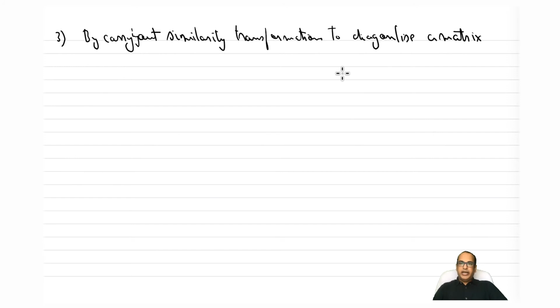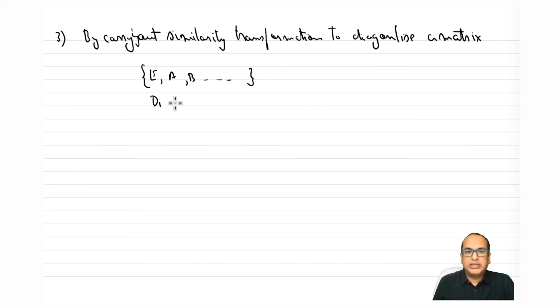So sometimes when we take a higher order basis set, we get the matrices which are not in block factored or diagonalized form, right? So in that case, we need to carry out a similarity transformation, which is equivalent of changing the basis set, as we have learned, right? So for example, if we have E, A, B, and certain set of elements, and the corresponding matrix representations are D1, D2, D3, and so on.